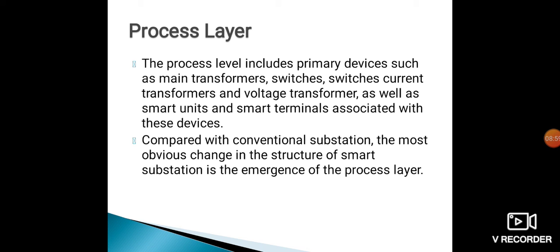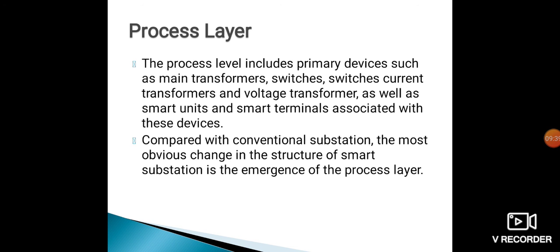Compared with the conventional substation, the most obvious change in the structure of the smart substation is the emergence of the process layer. With the help of this process layer, it is possible to convert the conventional substation into the smart substation. So this process layer plays a very important role between the substation and the consumer.